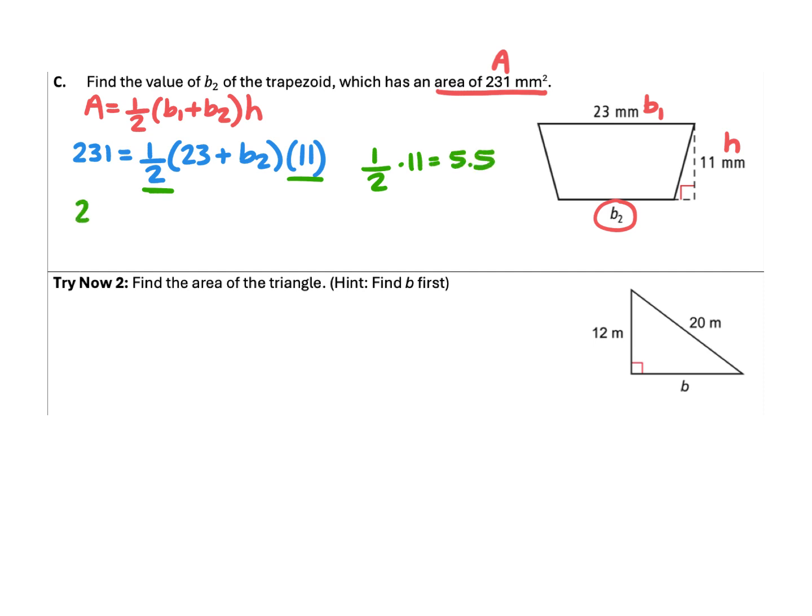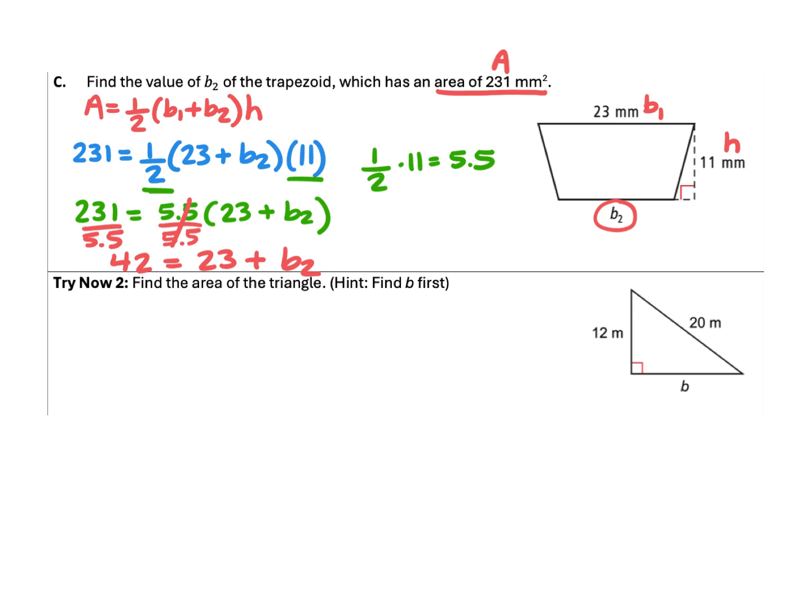And then if we have 231 equals 5.5 times B1 plus B2, which I know B1 is 23 plus B2. Now we can simplify this kind of nicely here if we just divide each side by 5.5. That gives us 42 equals 23 plus B2.